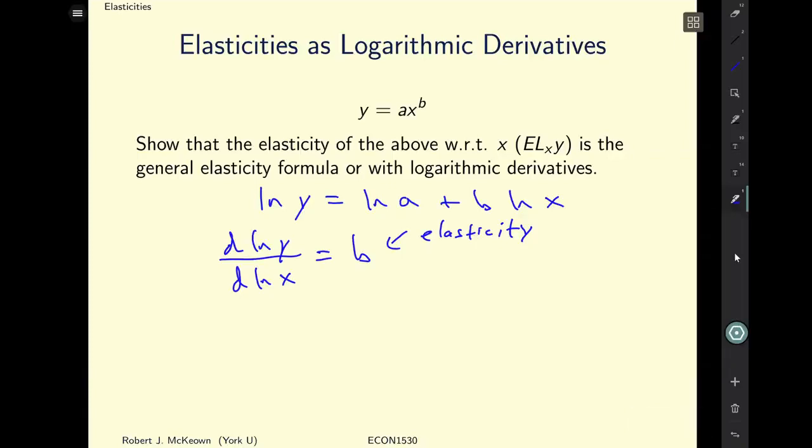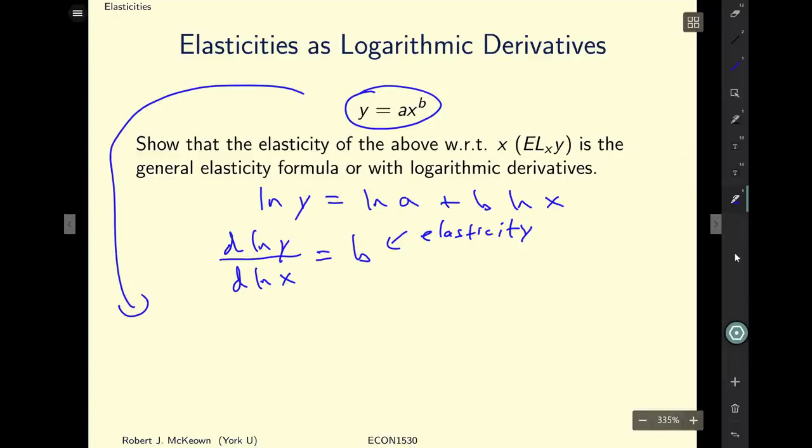And we know that's the elasticity because if I don't take the log of this thing, then we end up with the formula x over a x to the b times the derivative of this thing with respect to x, which is a b x to the b minus 1, which is just equal to b.